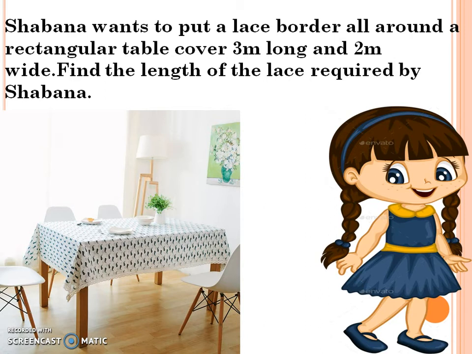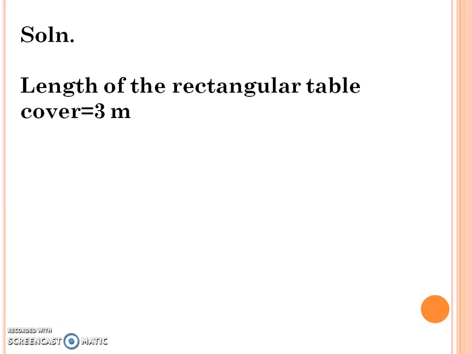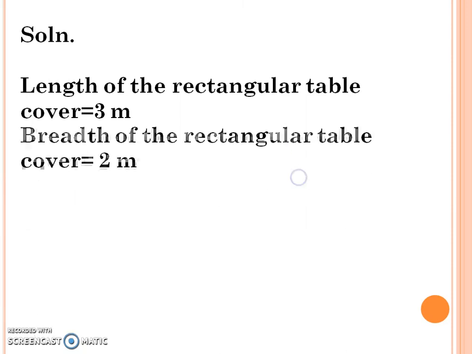Okay, now since the table is in a rectangular shape, we need to find the perimeter, isn't it? Now the length of the rectangular table cover is given as 3 meter, and breadth of the rectangular table cover is given as 2 meter.